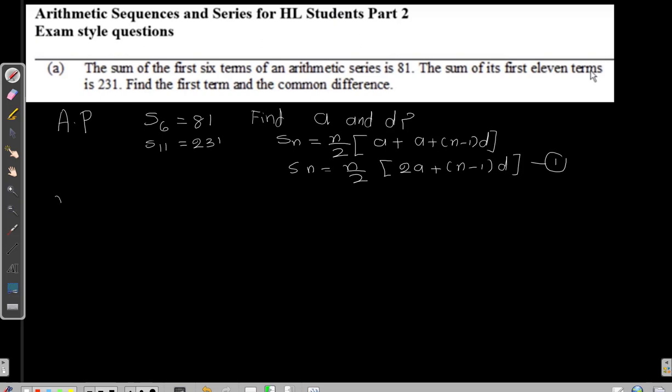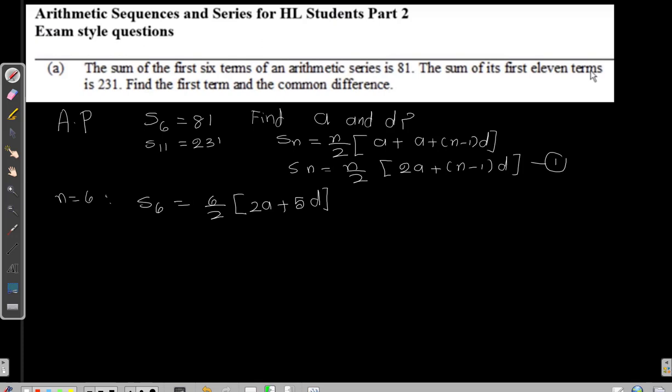Substitute n equal to 6, that's S6, and you get S6 equal to 6 over 2 times 2a plus 6 minus 1, that's 5d. You already know that's 81.